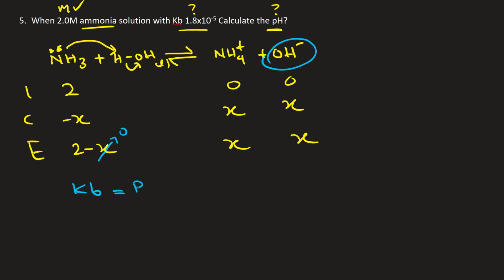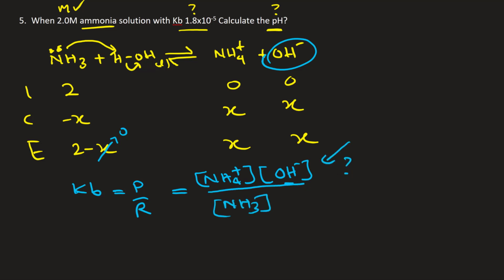OH gives you Kb, and this X is neglected, and then Kb is product over reactants. Let's write it: the expression is ammonium times OH minus divided by ammonia, right? So that's the key point to understand. Any weak base, RNH2, anything, you write it that way.